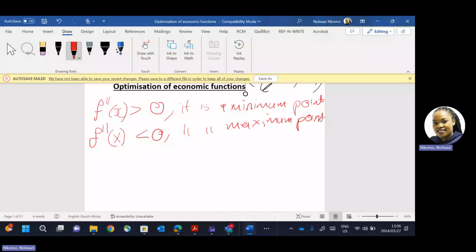Now we want to apply that in economic functions, like total revenue, total cost, and profit.